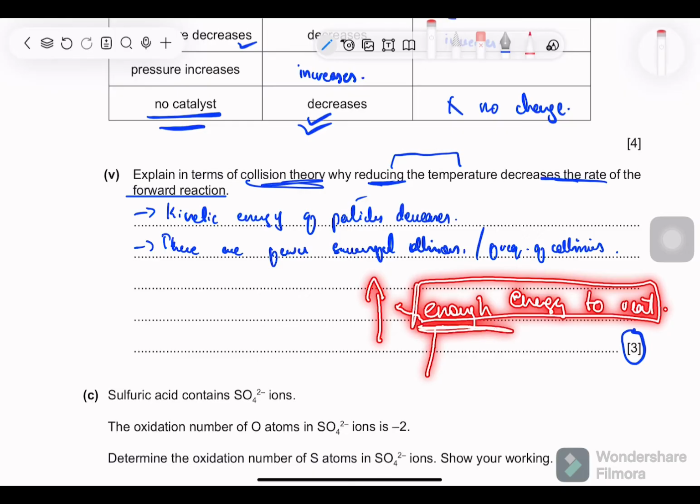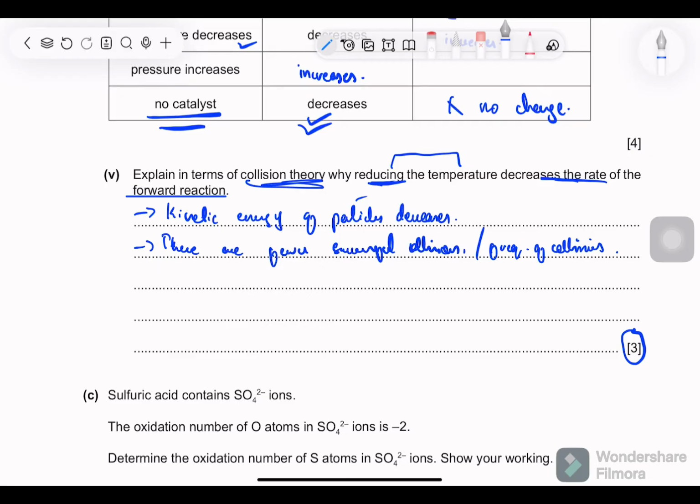When the temperature is decreased, it is obvious that a smaller percentage of particles have energy equal to or above the activation energy. A catalyst's job is to reduce this activation energy itself. It does not provide activation energy to the particles, rather it reduces the threshold needed to react.